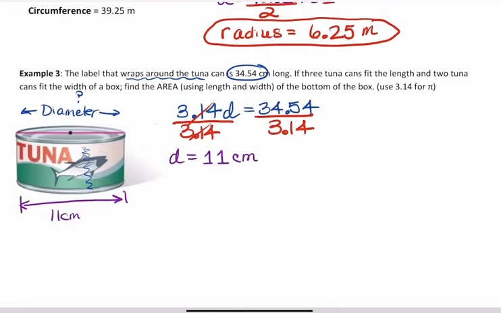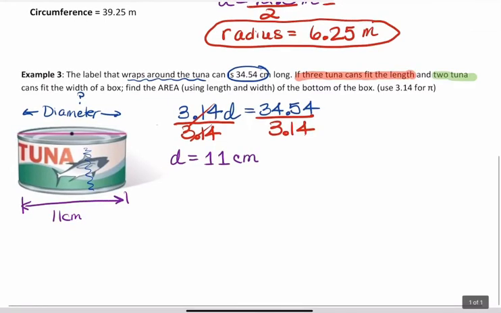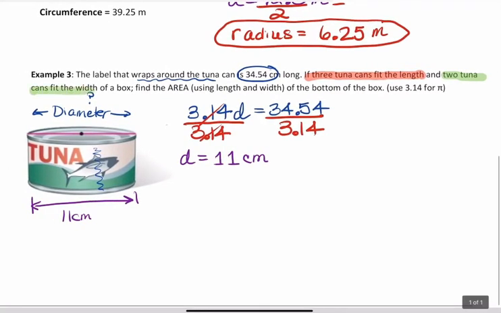Now if we keep reading, it says if 3 tuna cans can fit the length and 2 tuna cans fit the width, find the area of the bottom of the box. Now this is a lot going on in this problem.